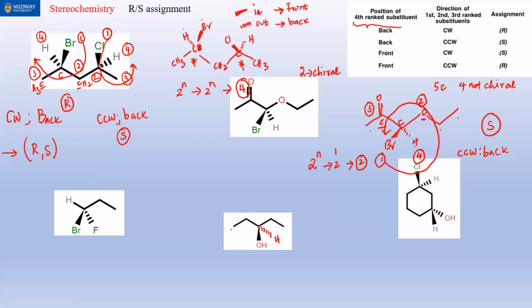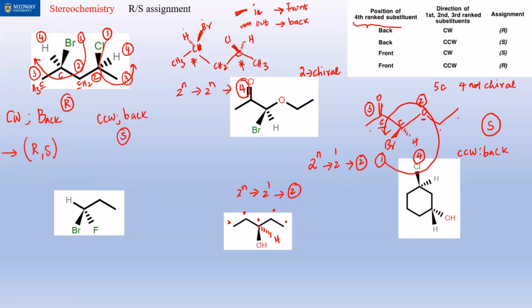Now, this compound has 1, 2, 3, 4, 5 carbons, of which this is not chiral because it contains 3 hydrogens, this is 2. You have to have 4 different groups, so that means there's only one chiral carbon, so 2 to the n, 2 to the 1 is 2.